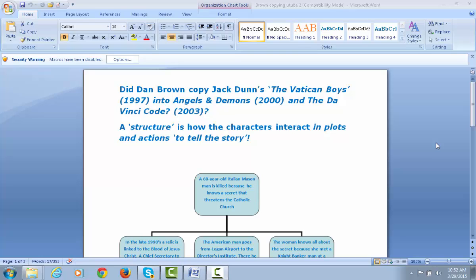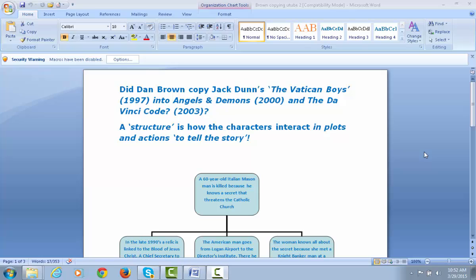In part one, we talked about how Dan Brown copied text from my book, The Vatican Boys, to form his now famous character Robert Langdon in Angels and Demons. This is the character that he now uses in all of his stories, including the Da Vinci Code.